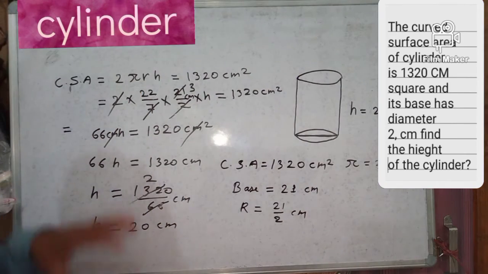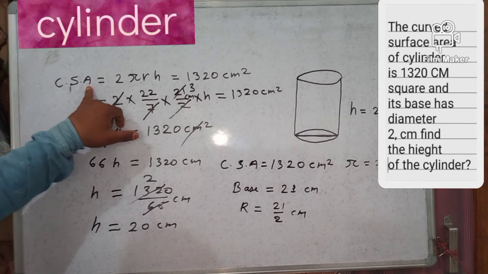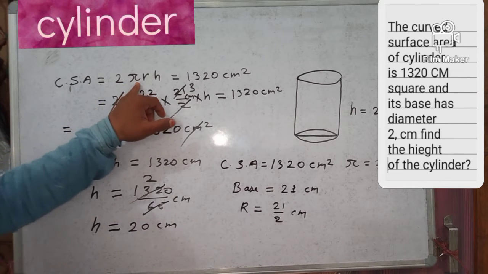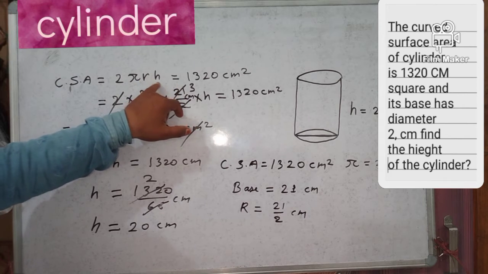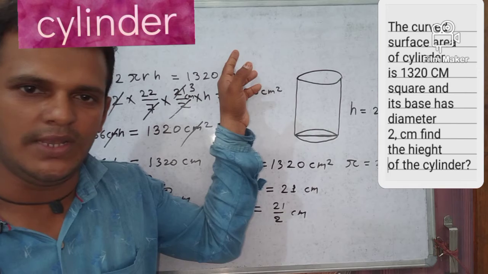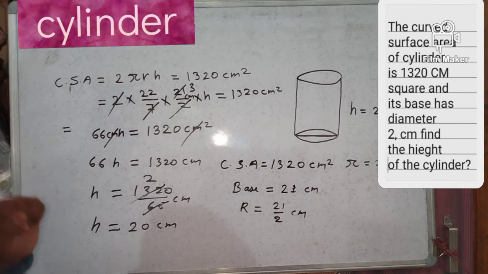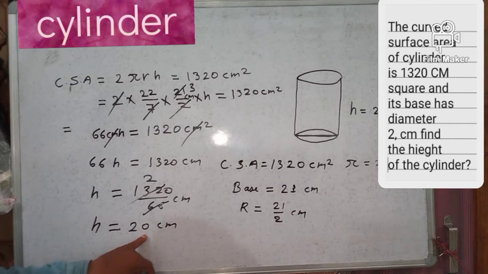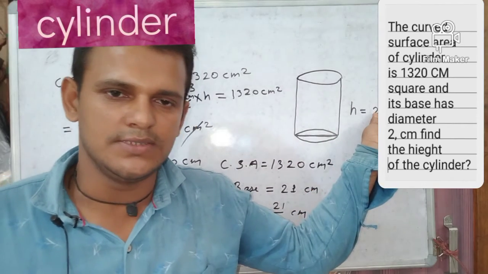So now see here, we have learned the curved surface area formula is 2 into pi r h, right? So 2 pi r h is equal to 1320 centimeter square. So our answer is height is equal to 20 centimeter, right?